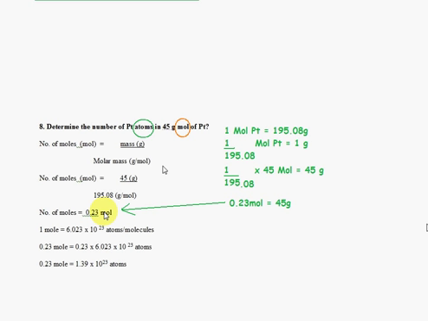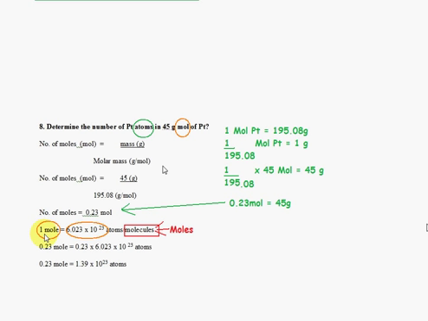Now we just have to convert 0.23 moles into the number of atoms using Avogadro's number. So this finishes really easy. Look what we've got circled here. 1 mole is equal to 6.023 by 10 to the 23 atoms per mole. Whoops, I said molecules per moles, but it should be atoms per mole. 6.023 atoms per mole, that's the point there.